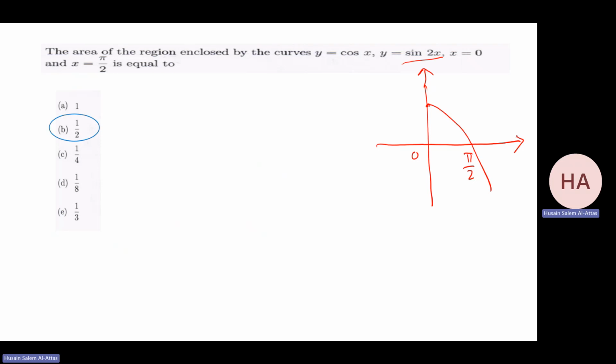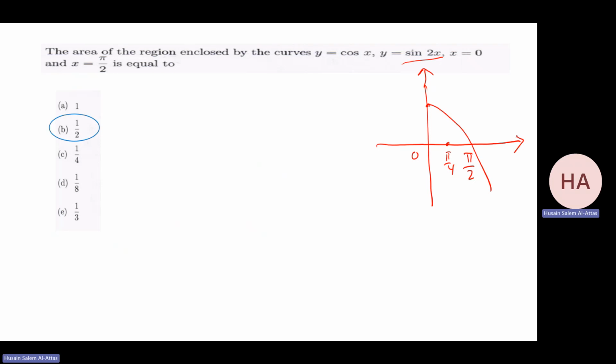It's not sine x, it's sine 2x. It means it will do what? At pi over 2, it will be 0, it will not be 1. So it will go until pi over 4, this will be your 1.